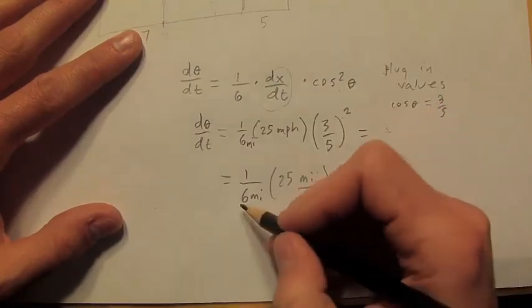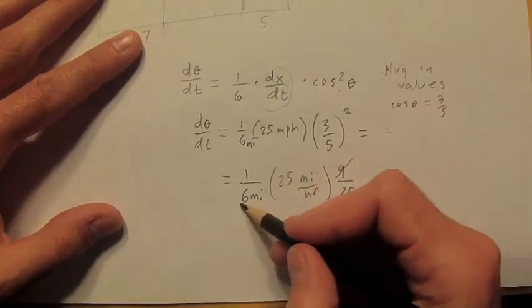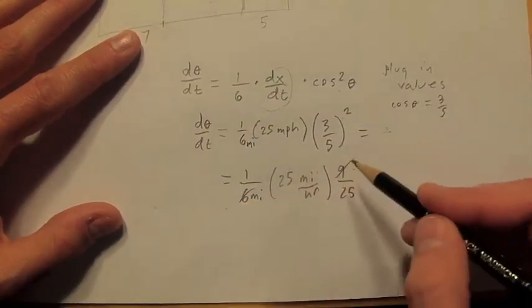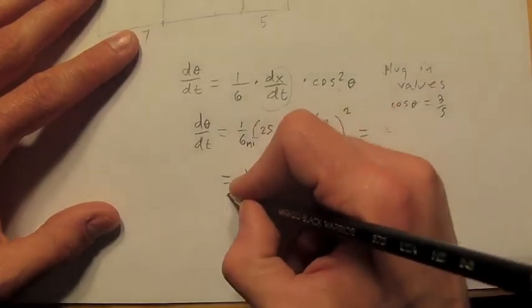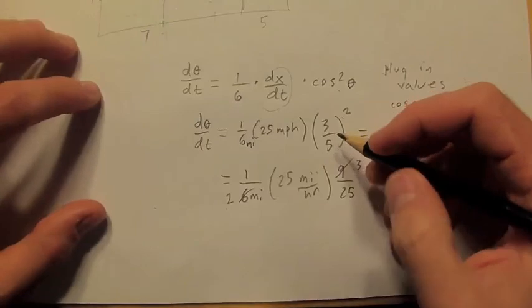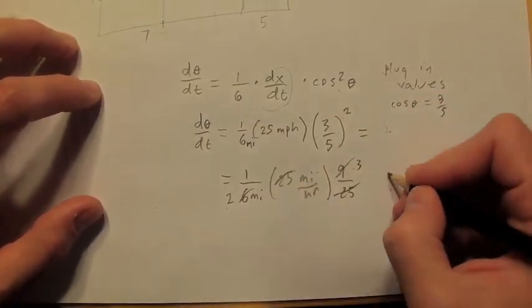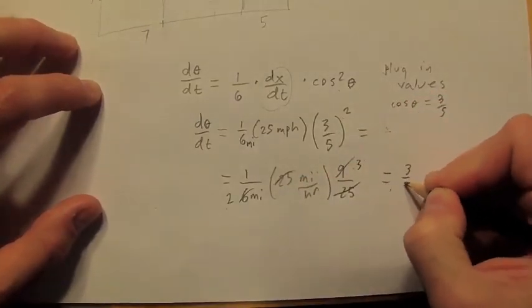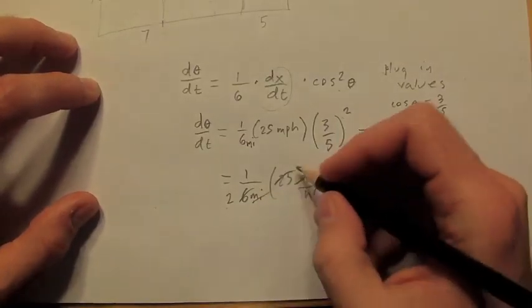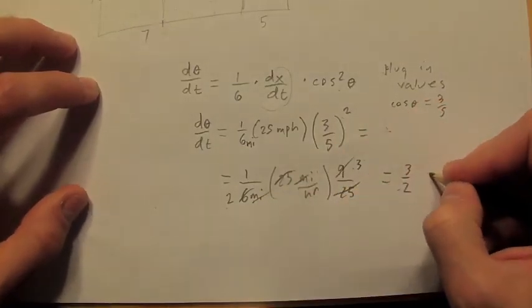So the 9 will cancel with the 6. It will leave a 2 down here and a 3 up here. The 25s cancel, and so I end up with 3/2. These miles cancel, and we have 3/2 something per hour.